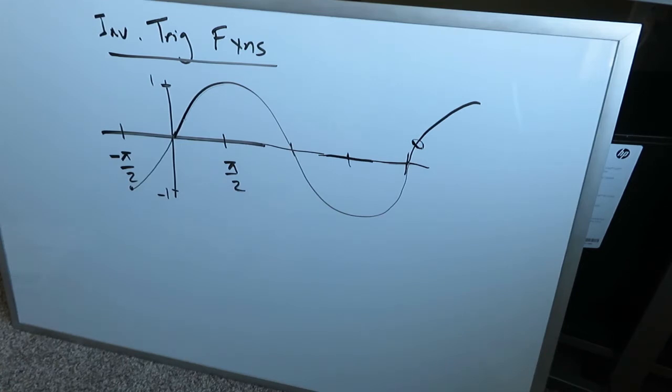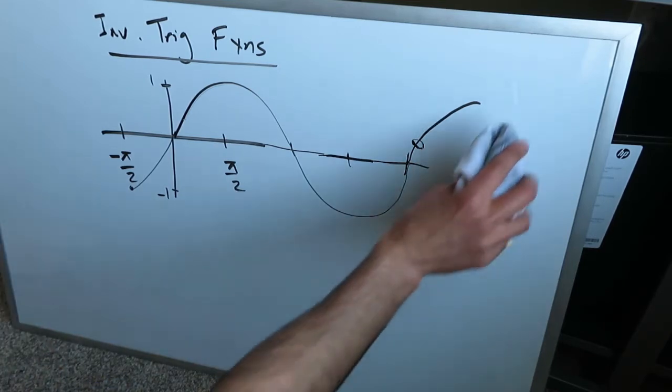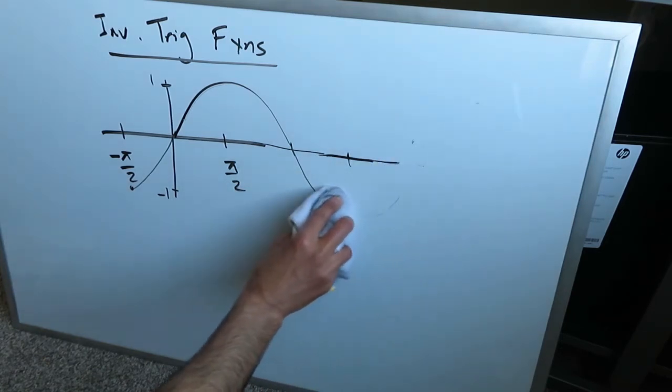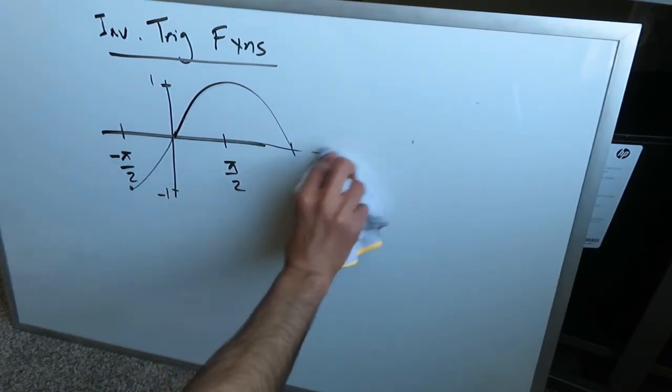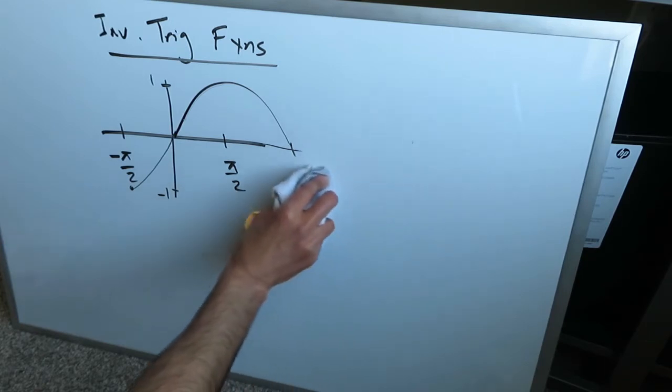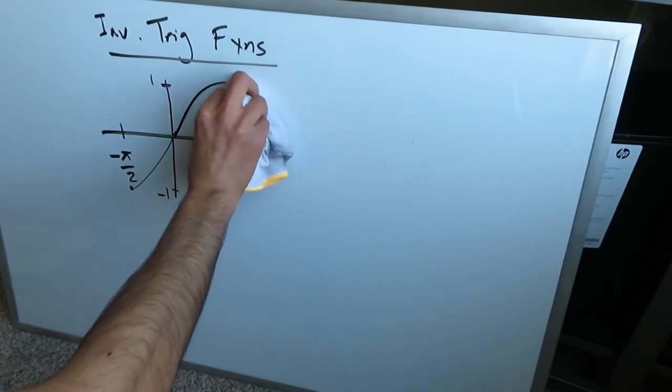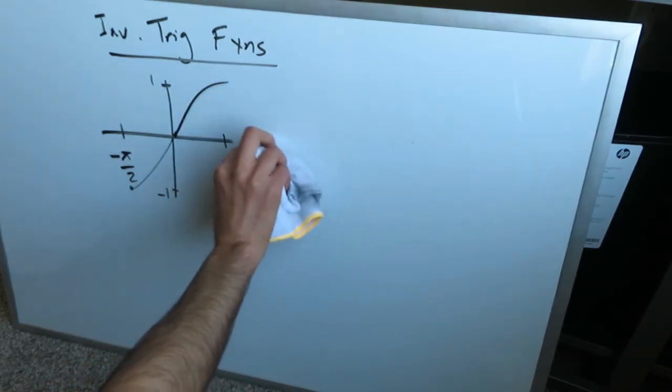But how can we show that a sine wave, cosine wave, tangent wave, actually all these 6 trigonometric functions indeed have inverses? We can do that by restricting the domain. And I'm going to show you how you will restrict this domain and show that indeed there is no range duplication over that domain.